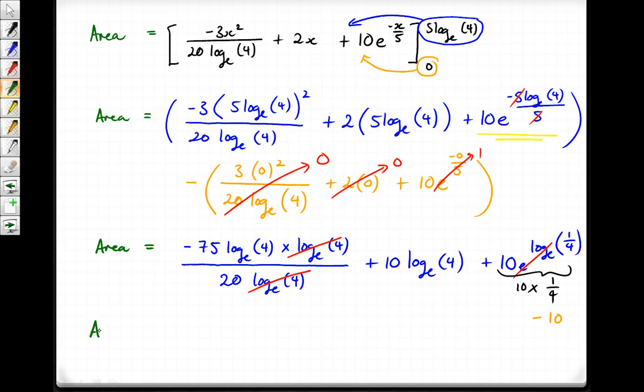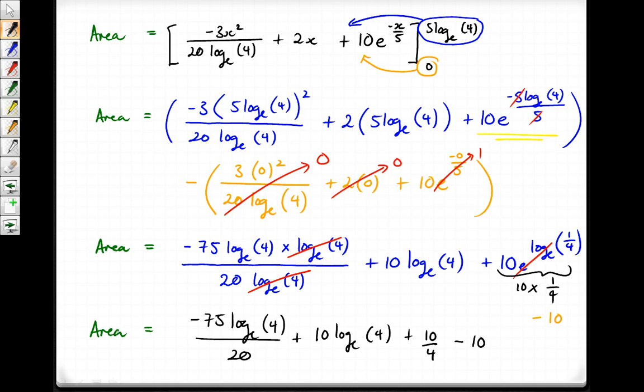So our area equals, so we've still got minus 75 log e of 4 on 20 plus 10 log e of 4 plus 10 times a quarter, so 10 quarters minus 10.